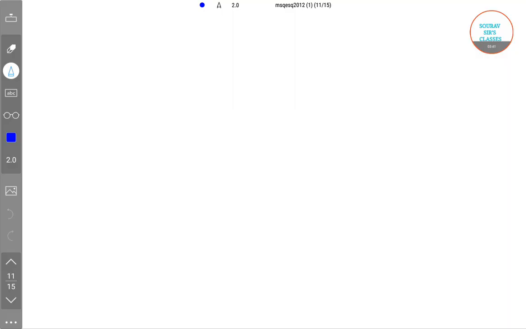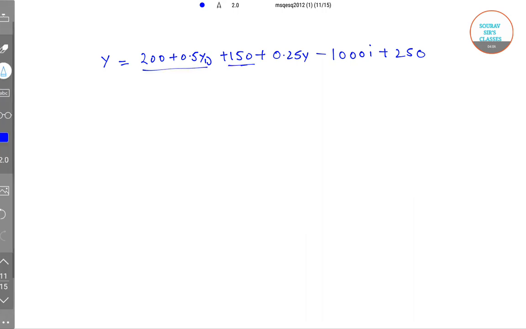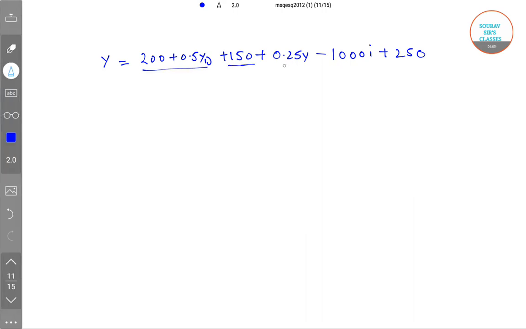So in this question, first of all, I'll write down the IS equation, which will be C plus I. C's value is given as 200 plus 0.5 YD, plus 150 plus 0.25Y minus 1000I plus 250. This part is consumption, this is investment, and the other part is also given.